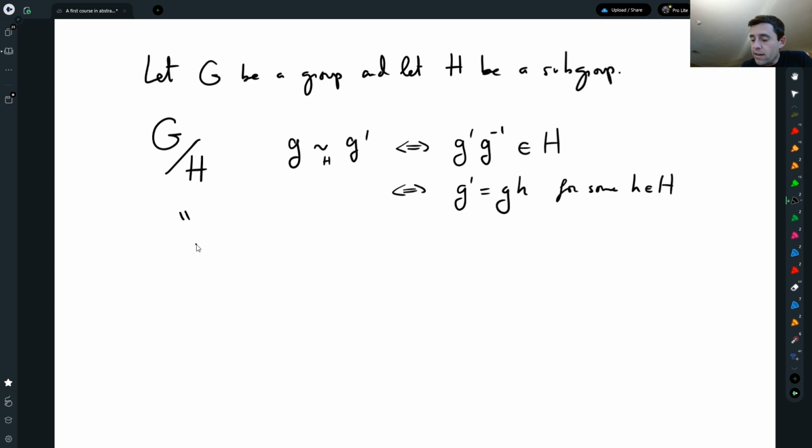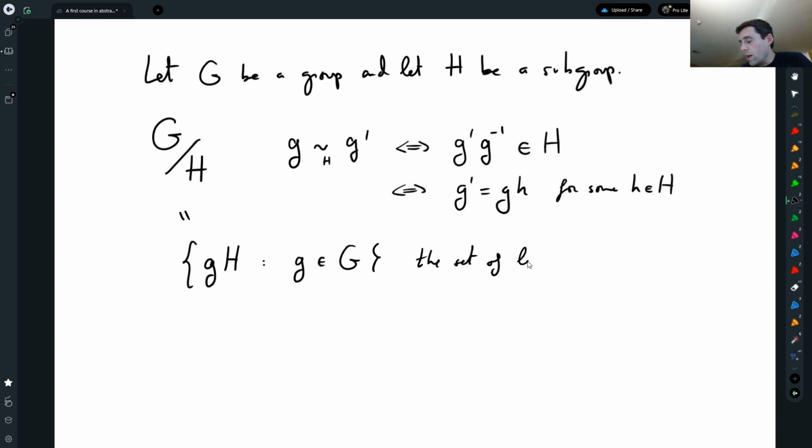So the elements are going to be cosets, left cosets of H in G. So this is the set of left cosets of H in G. And what I would like to do is to make this into a group. Okay, so let's see if this works.